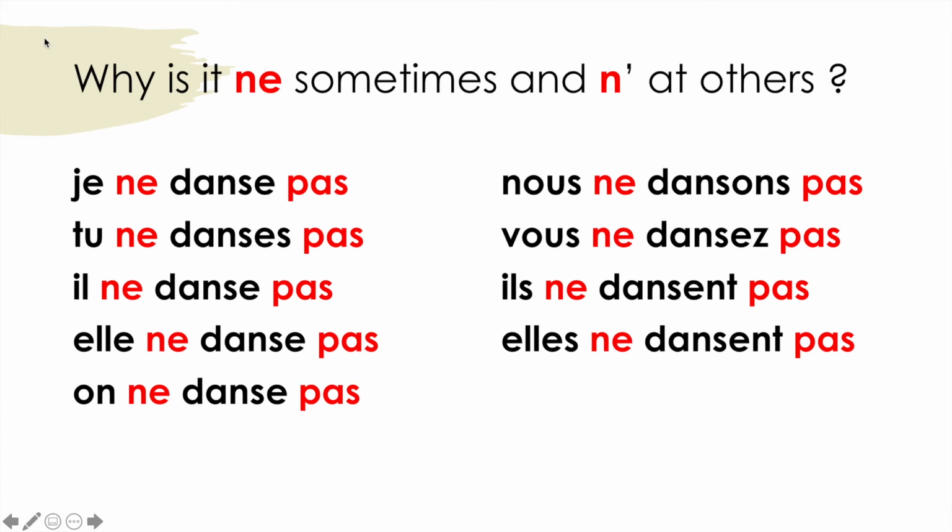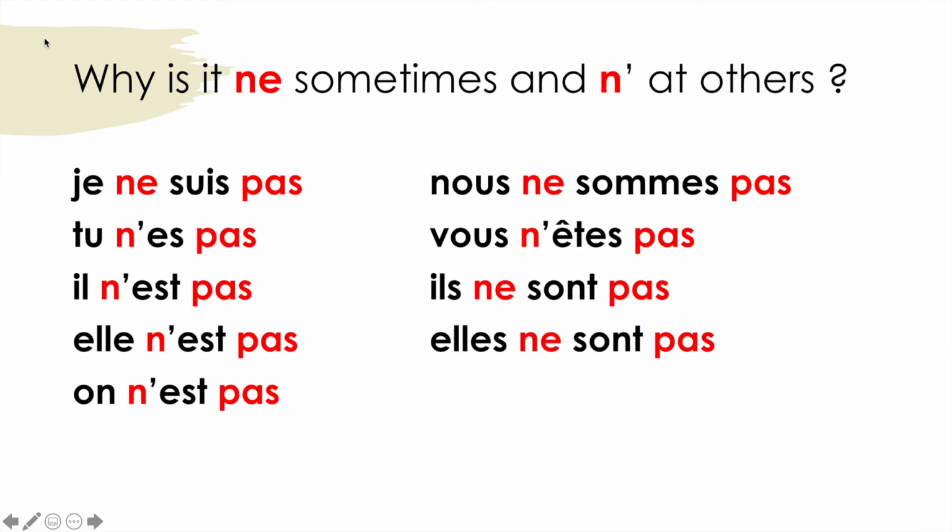So here we've conjugated the verb dance. Je ne danse pas, tu ne danses pas, il ne danse pas, elle ne danse pas, on ne danse pas. Nous ne dansons pas, vous ne dansez pas, il ne danse pas, elle ne danse pas. In each of these instances, we're using ne, whereas here we had ne and an apostrophe.